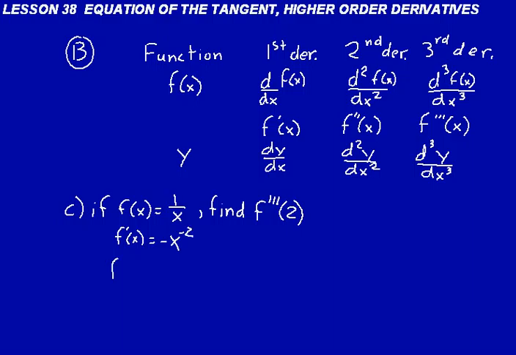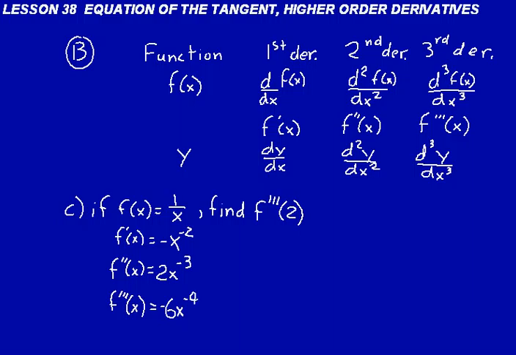Then f double prime of x would be a positive 2, x to the minus 3. For f triple prime of x, we're just taking the derivative of that second derivative. That would be minus 6, x to the minus 4.